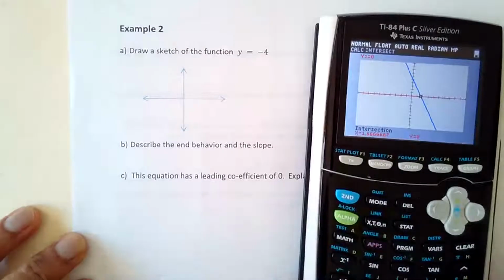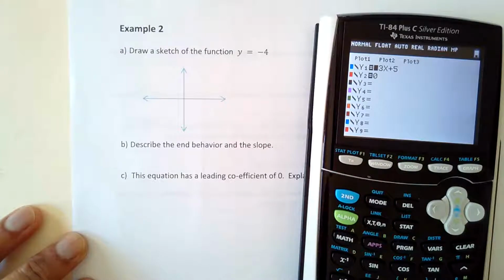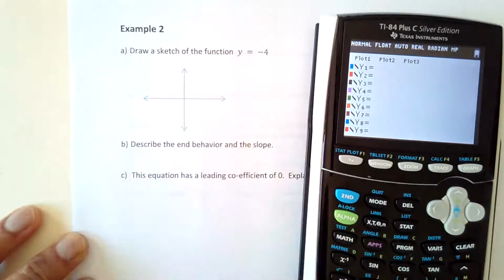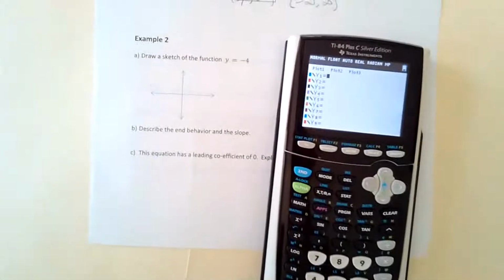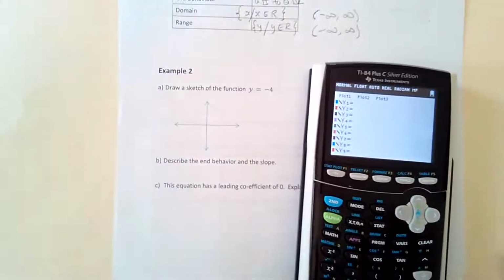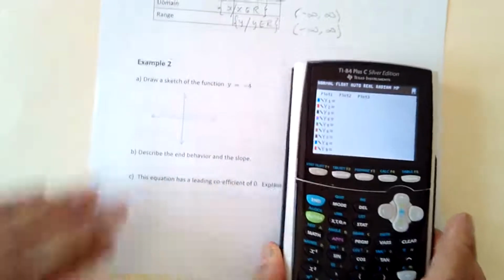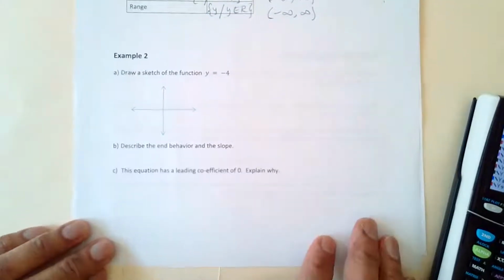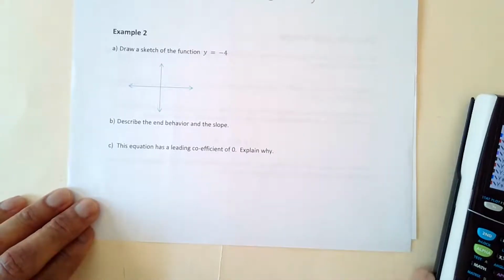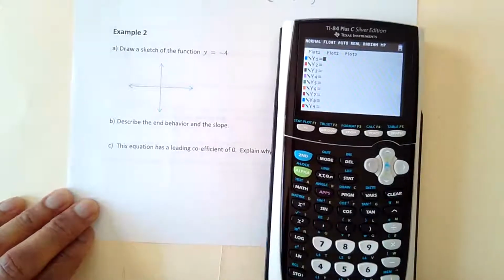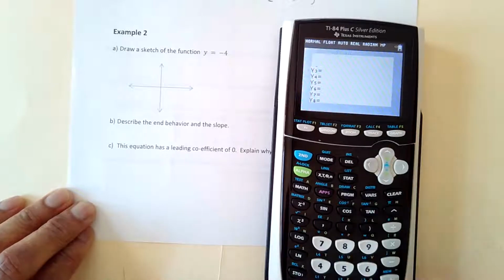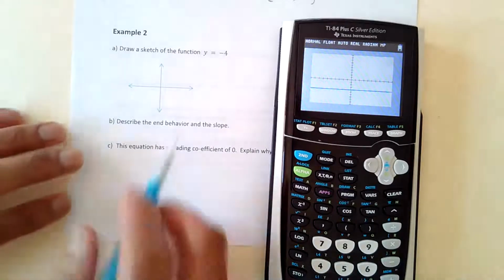So we'll input this into our calculator. So I'll go back to the y equal button, clear, and clear. y equals negative 4. Okay, let's go back here. Example 2, y equals negative 4, graph.